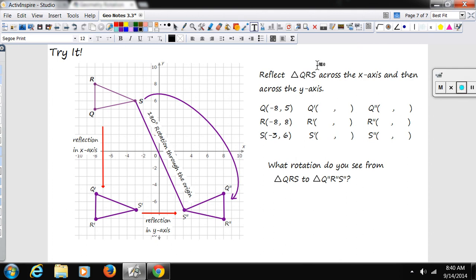So if you wanted to plug those in, which would be difficult now, Q prime would be the point (-8, -5). And Q double prime would be (8, -5). So is there any kind of rule here?